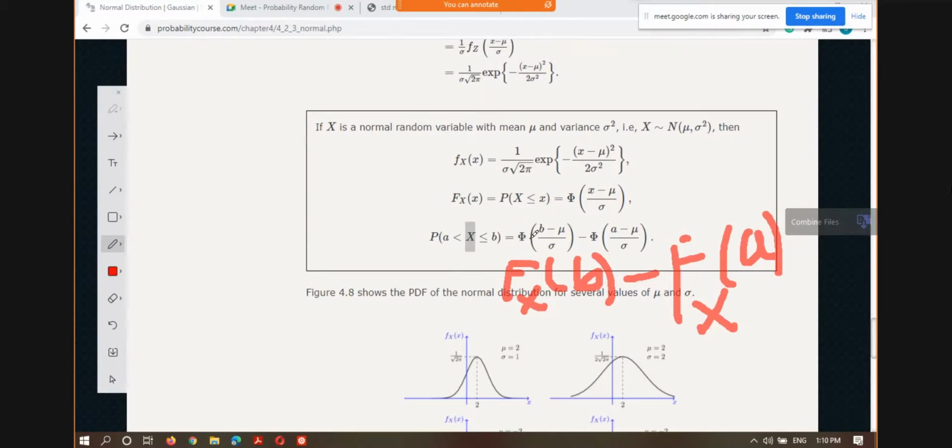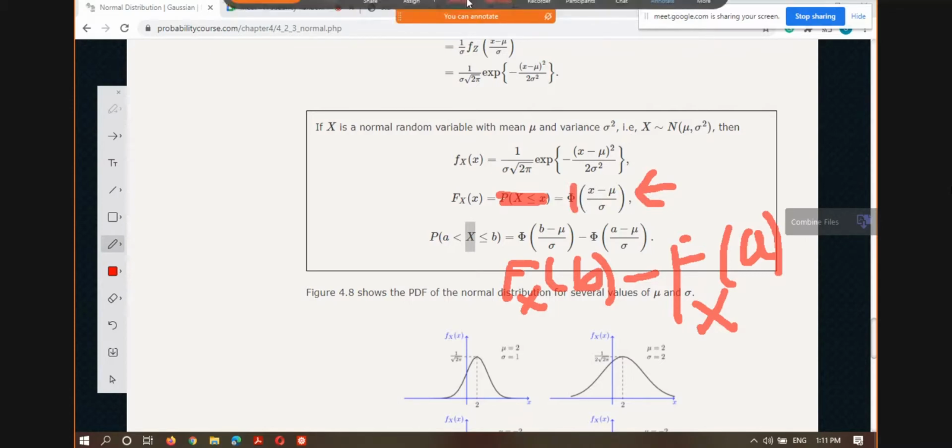But now, when we write it with phi, we write phi of (b minus mean) upon standard deviation sigma, the square root of variance, minus phi of (a minus mean) upon sigma. So this probability for a normal distribution can be written in terms of the distribution function of the standard normal distribution. So if X is a normal random variable with mean mu and variance sigma square, then (X minus mu) upon sigma becomes a standard normal random variable with distribution function phi.